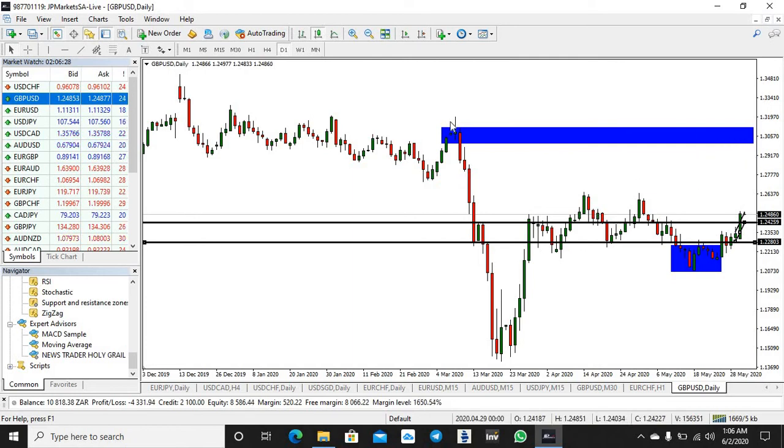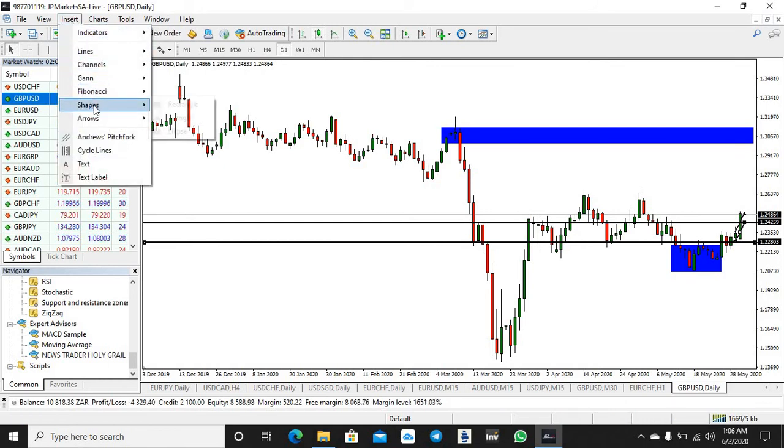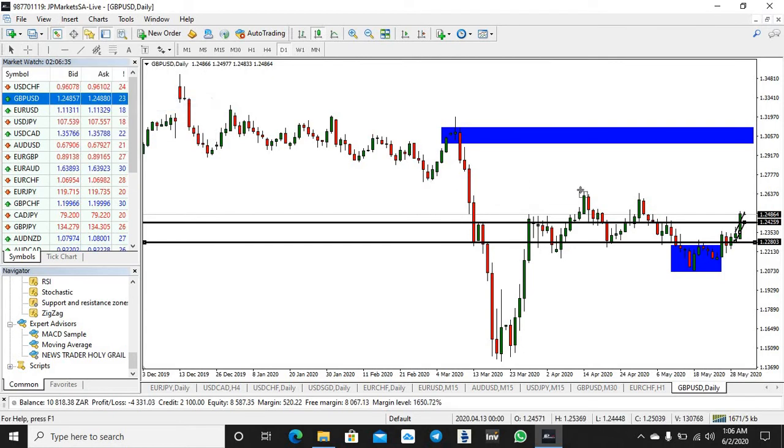It can happen that this also can cause a reversal in the GBP USD. The strength of this support and resistance is not as strong as this one, so we are not gonna see GBP USD selling too much here, but we're actually gonna see it breaking and buying because of the strength of the support and resistance. So that's how you analyze your market.